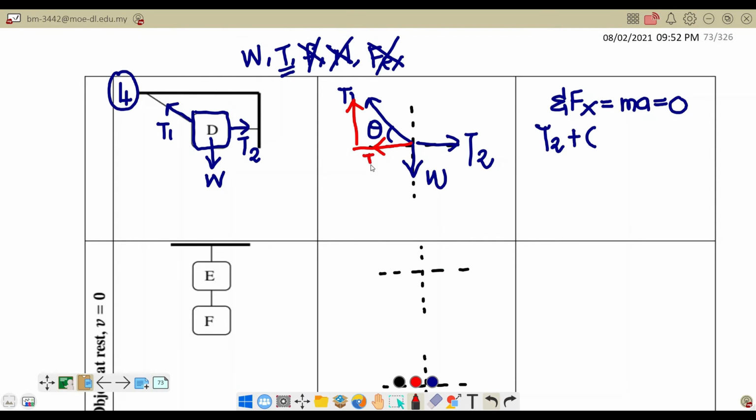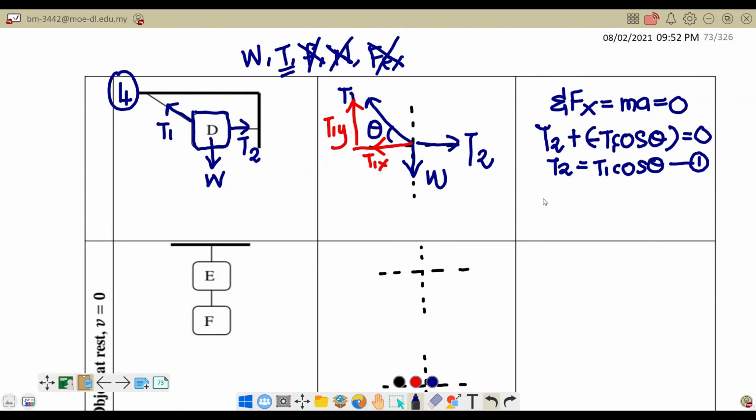So this is T1 x component, this is T1 y component. So we substitute inside here. Our x component is T1x, so it's T1 cos theta, equals 0. So therefore our T2 equals, here should be negative, T1 cos theta. Equation number 1.